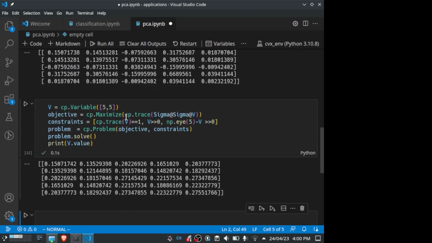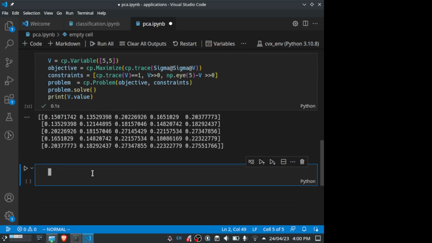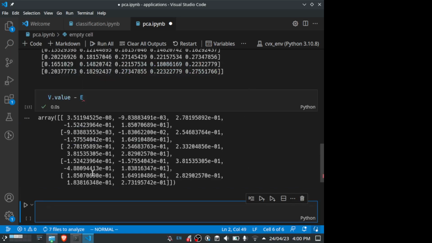Okay, that's nice. And let's look at the value minus E, and it's pretty close to 0.